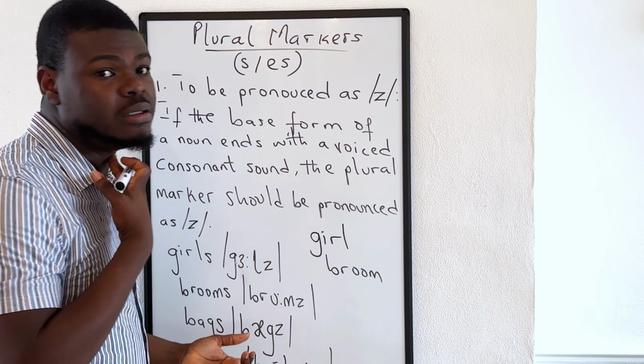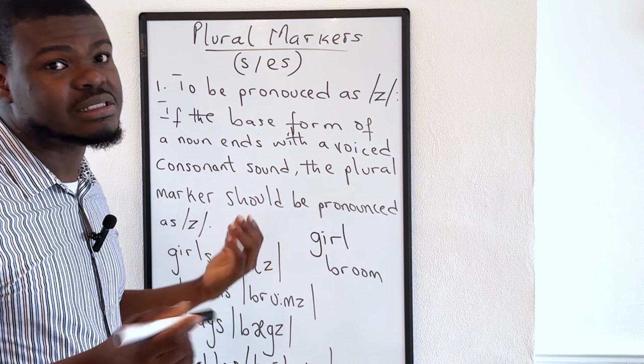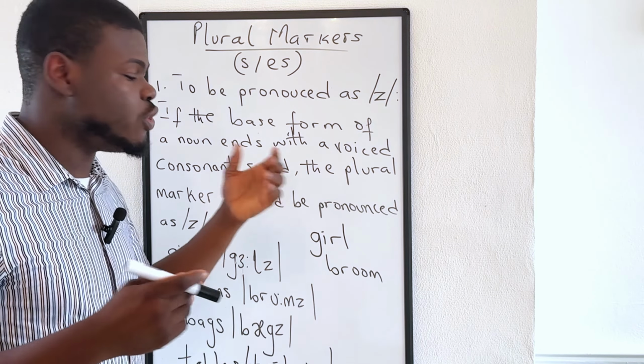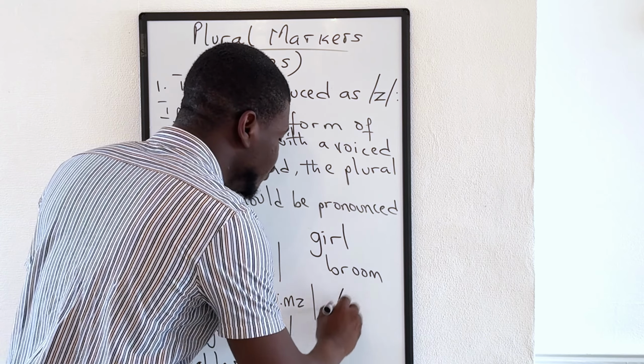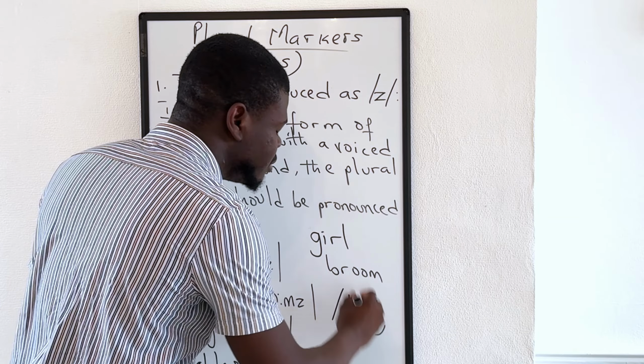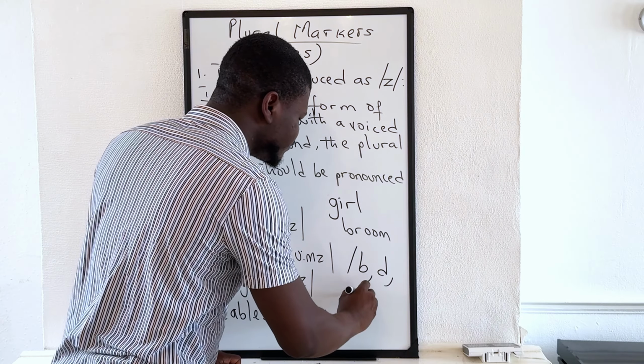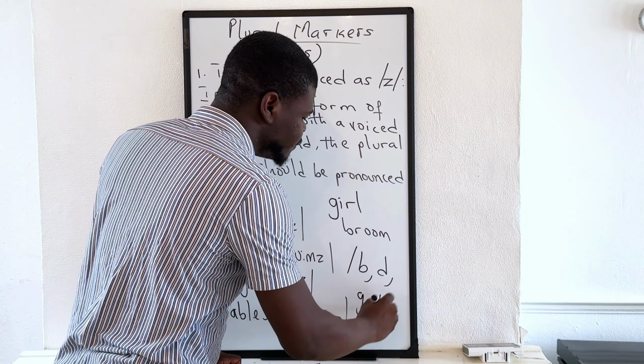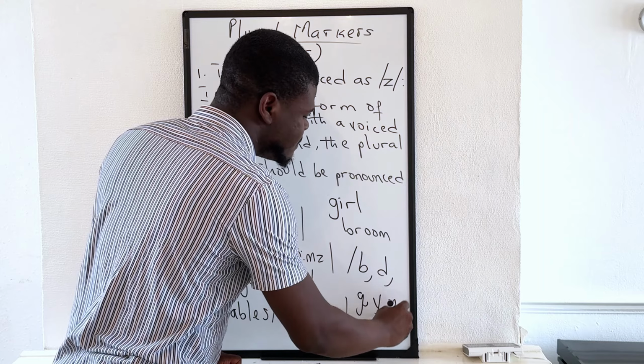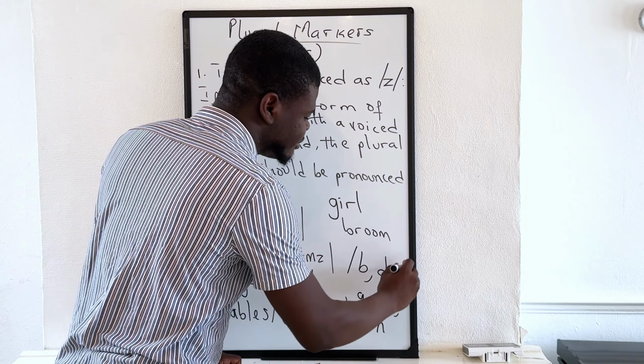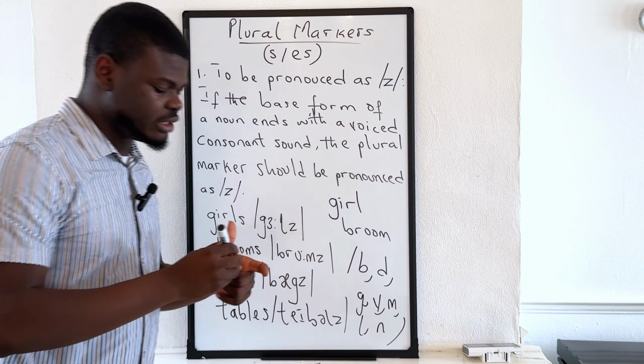Sounds like g, yeah, etc. Sounds like b. Yeah, those are voiced consonant sounds. So b, d, g, v, etc. Yeah, all of these are voiced consonant sounds.